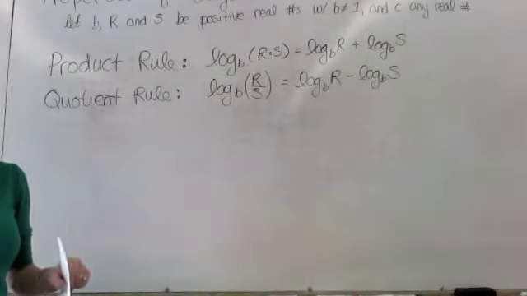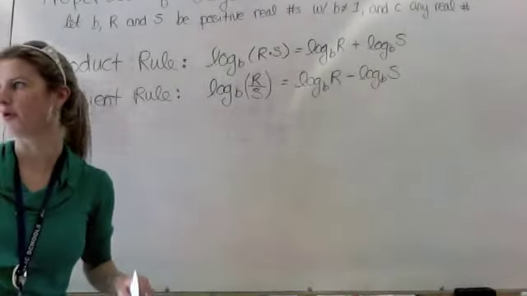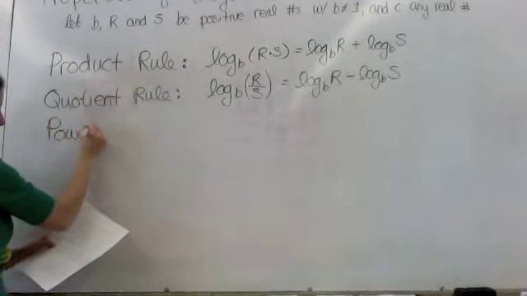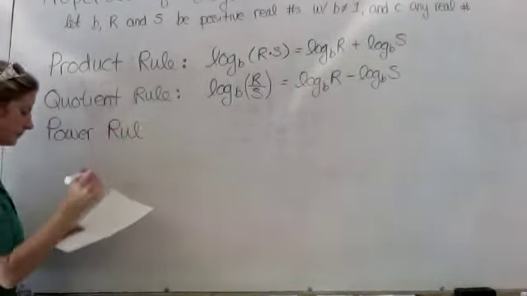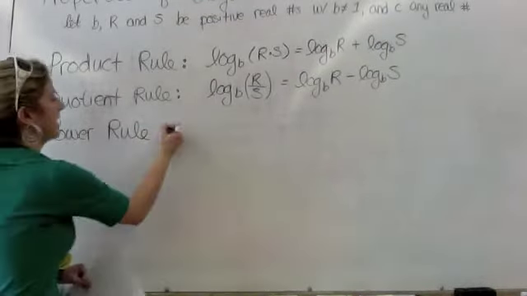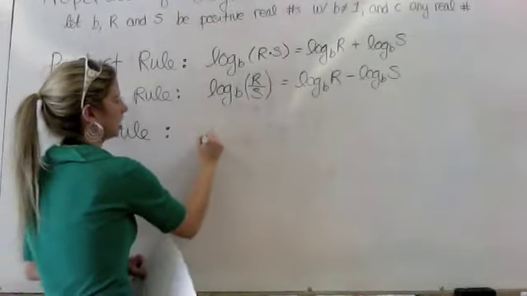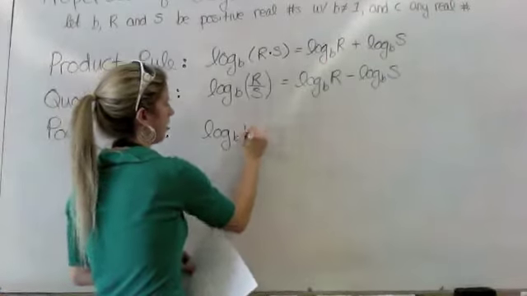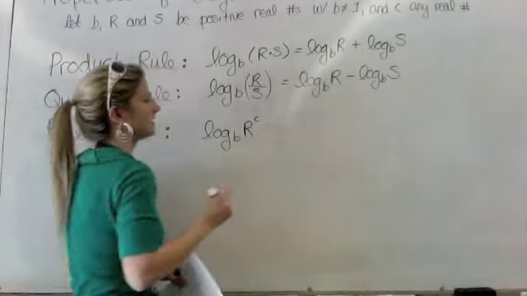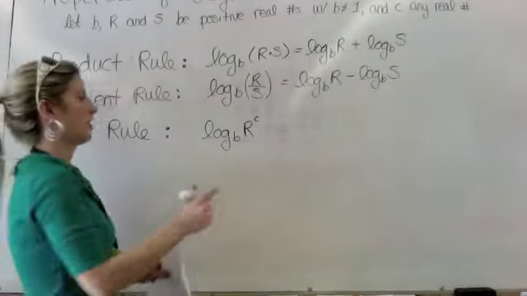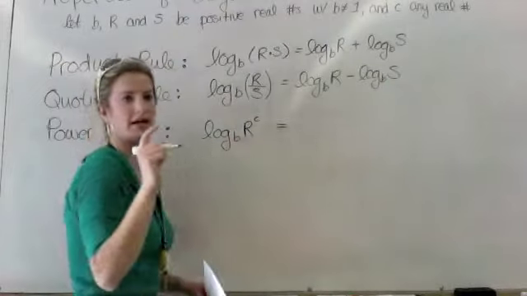And then this power rule one, I've referenced the power rule in class before, and it's going to look familiar to you. If I have log base B of R raised to the C, that's going to equal, does anyone want to take a guess?